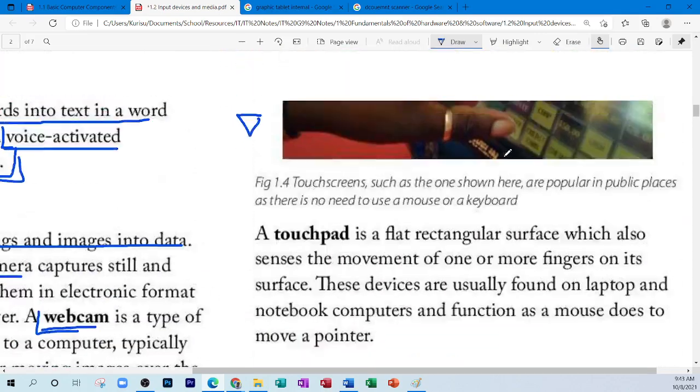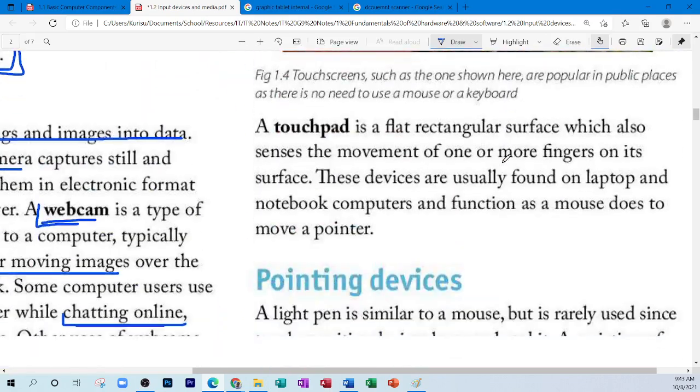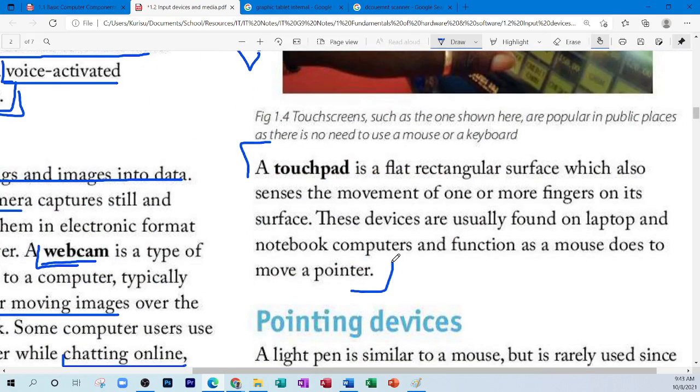All right. So our next touch sensitive device is the touchpad. Next we're gonna have, I think it's Kristen. Can you read for us?